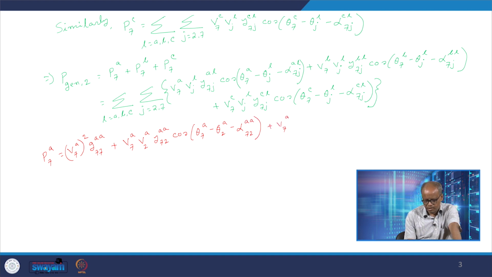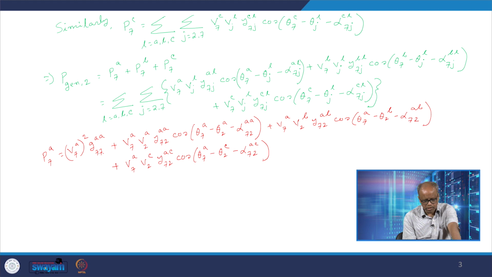Then V7A, V2B, with J equal to 2 and L equal to B, Y72AB cosine theta 7A minus theta 2B minus alpha 72AB, plus V7A, V2C, with J equal to 2 and L equal to C, Y72AC cosine theta 7A minus theta 2C minus alpha 72AC.